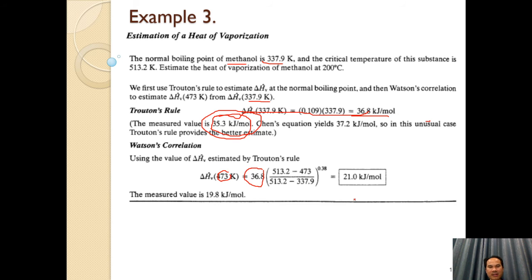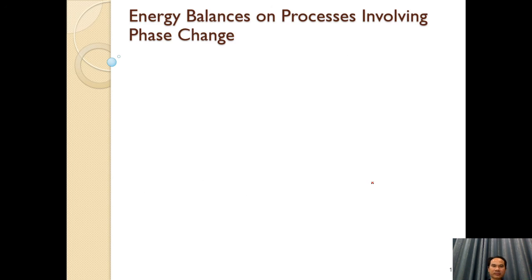Then you can calculate the delta SV at 473 Kelvin at 20 joule per mole. This is how to estimate if you don't know the information. For this case, the Trouton rule is more accurate than the Chen rule for methanol.